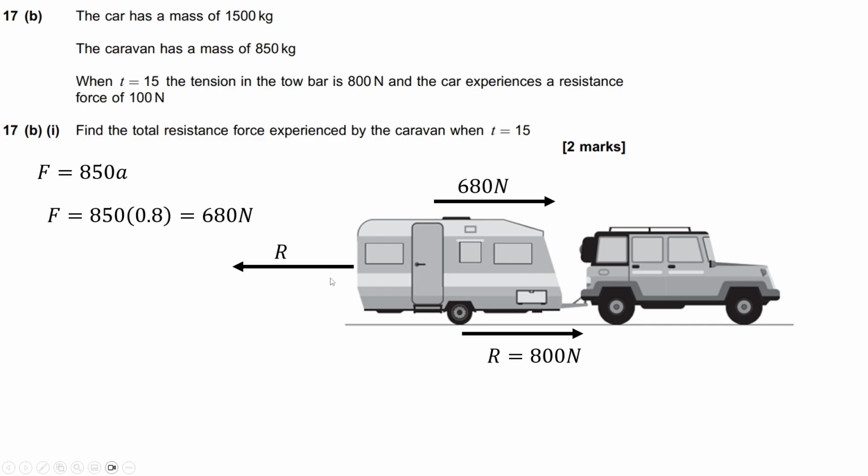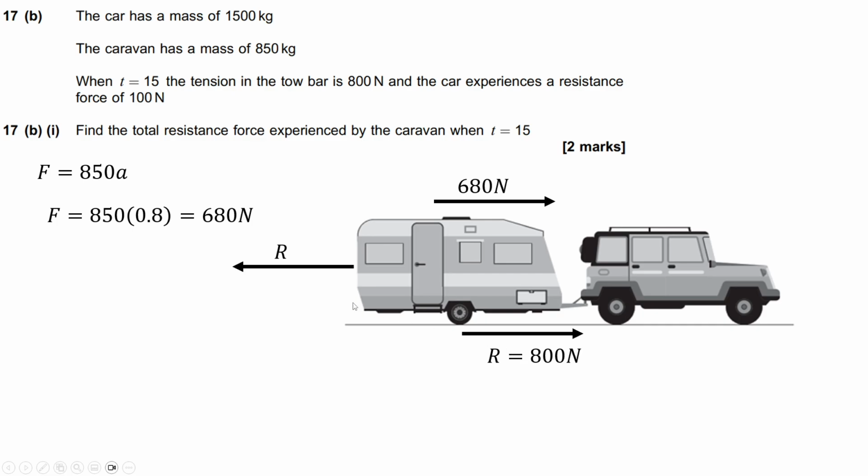It's a bit annoying to think of the next step, but the caravan wants to output 680 newtons, and it's held back by this drag as the resistance, and then you've also got this other resistance.